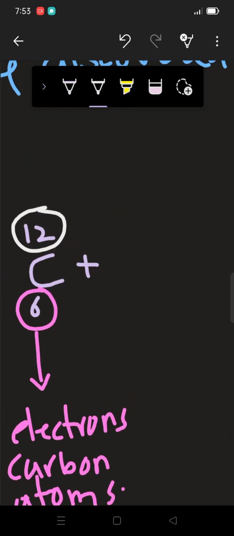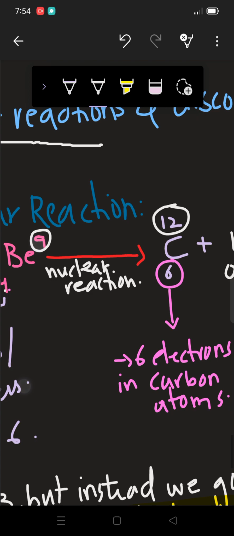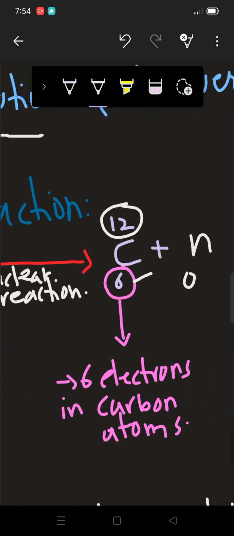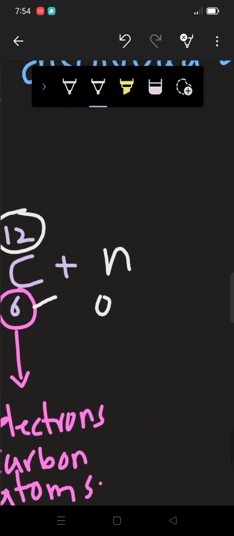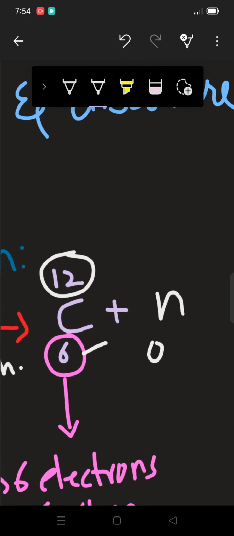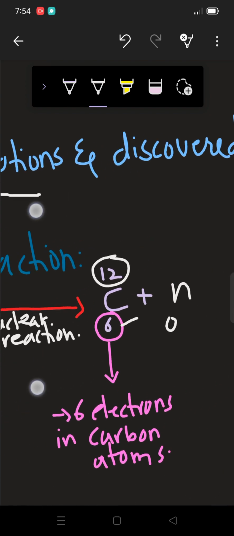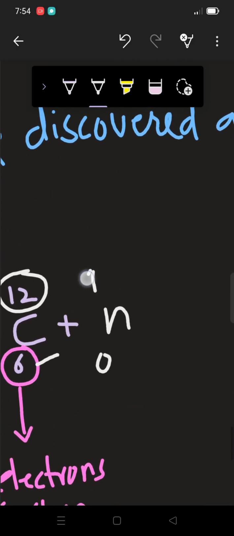So there was something discovered with the carbon as well, and on that particle the charge was of course 0, since we know that 2 plus 4 is 6 and 6 was the atomic number of carbon which we have got. Means there is 0 charge on the neutron, but there was 1 remaining, right? Because we know that 4 plus 9 is 13, but instead we got 12. Means one particle was there which was not absorbed.